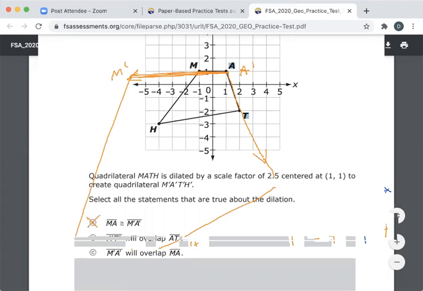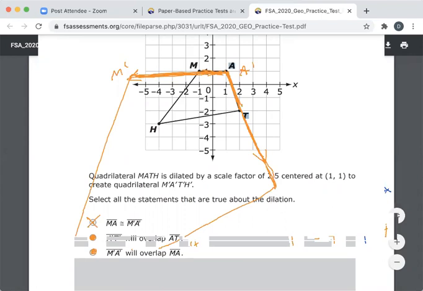For B, the new AT, which is this line, will overlap the old AT. That is true because it is overlapping the old one. So B is one of our choices. Okay, so the new MA, the dilated one, will overlap the old MA, and that is true. It does overlap it.